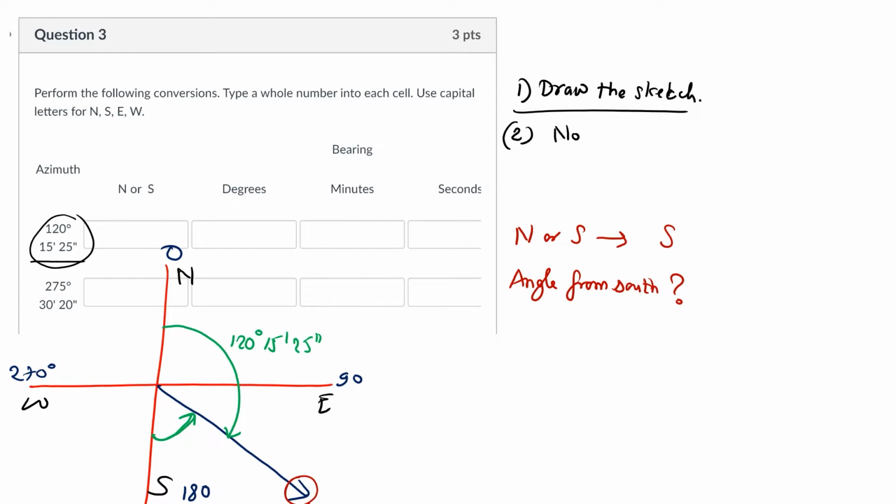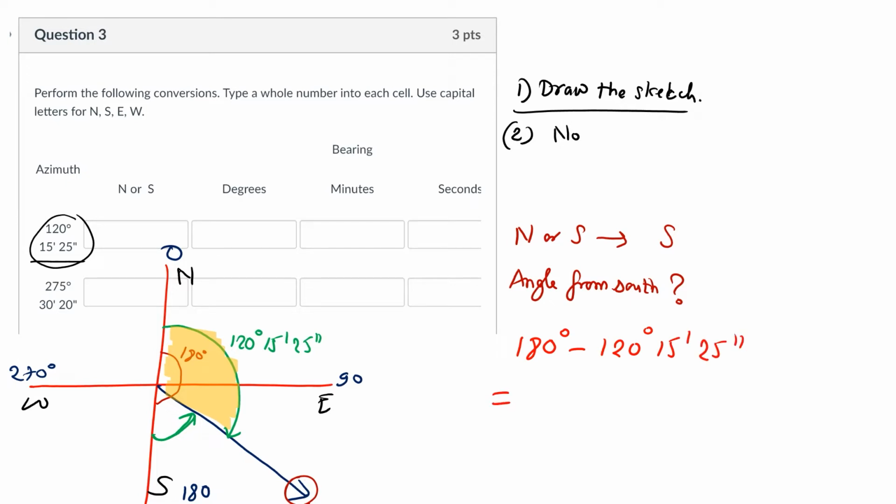I told you, this angle from here till here is 180 degrees, and this part is 120. So what is the remaining part? You subtract this angle from 180 degrees.